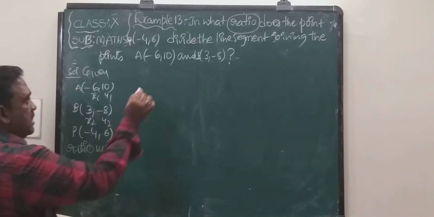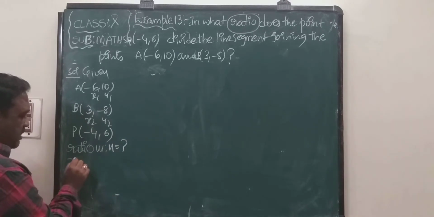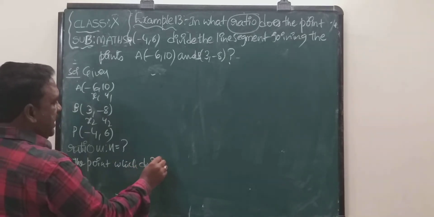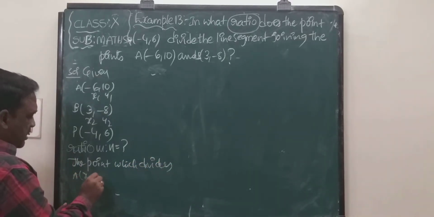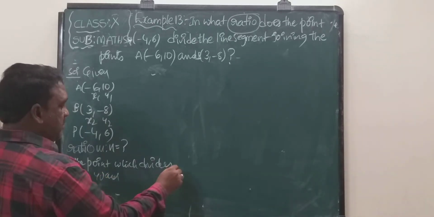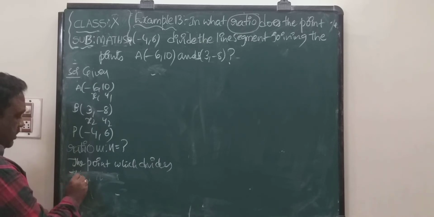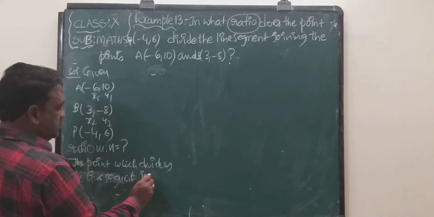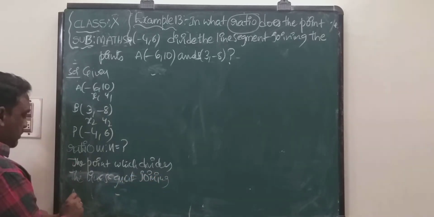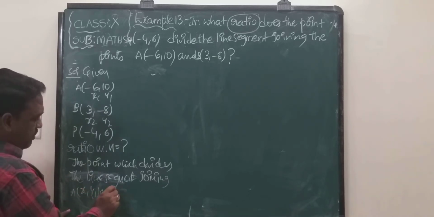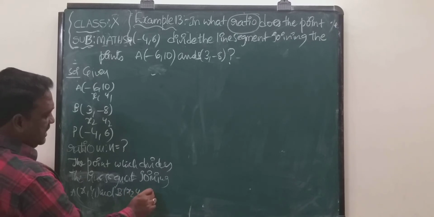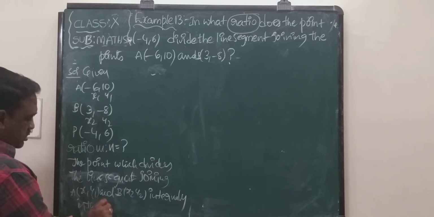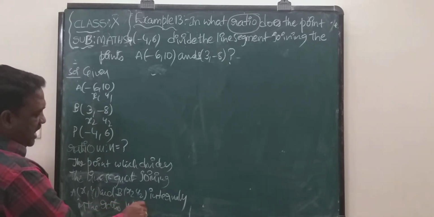The point which divides the line segment joining A(x1, y1) and B(x2, y2) internally in the ratio m is to n.